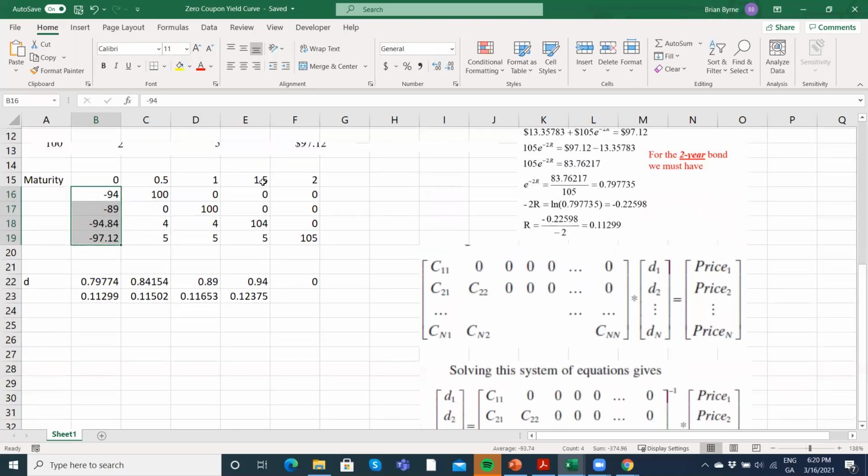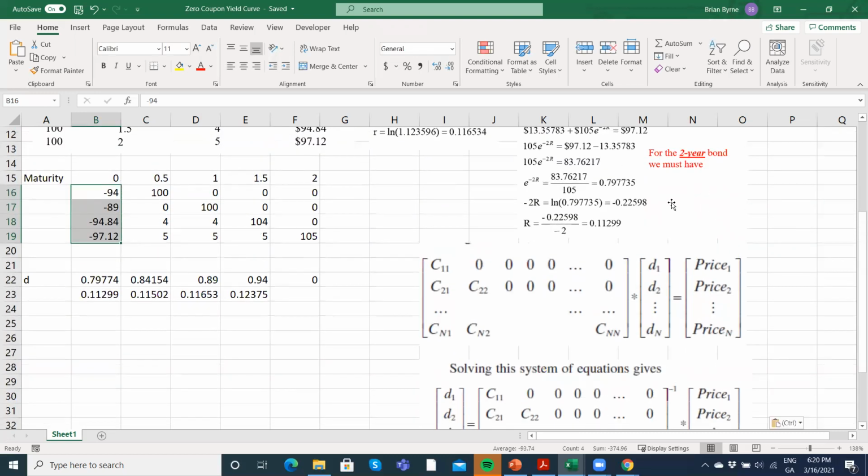Now, how do I do that? To understand that, consider the following. Go back to the prices again. So it's going to be the inverse of the cash flows.